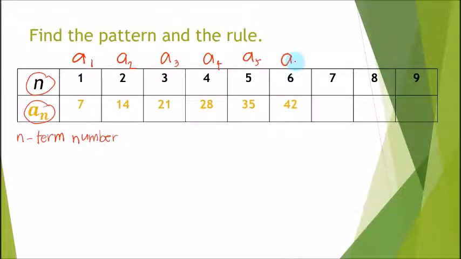And 42 is our sixth term. These numbers here, which we don't know, are our seventh term, eighth term, and ninth term respectively. So again, our n is the term number. Our a sub n are our terms in the sequence.